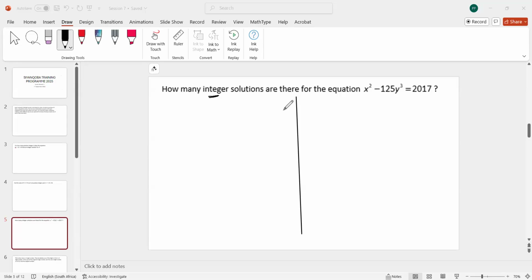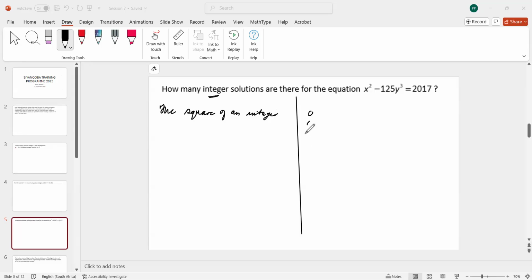Okay. Now, I've got the square of an integer. Let's analyze the square of an integer. If you take any integer, the square can only end in a few places.